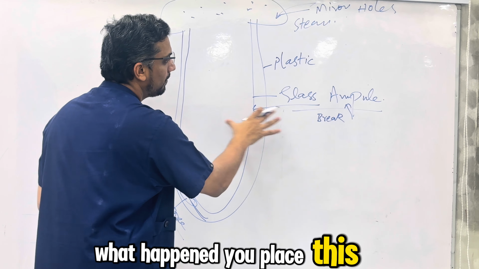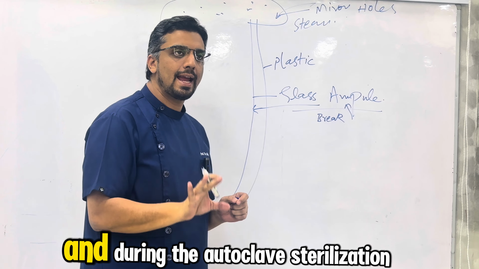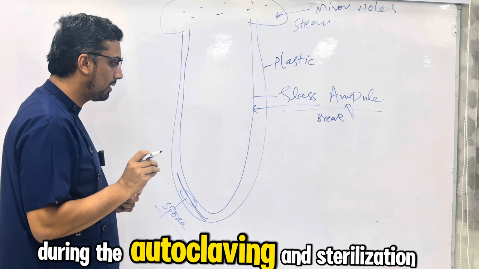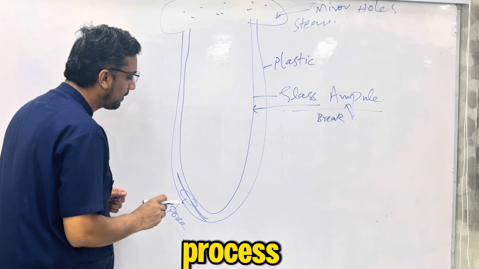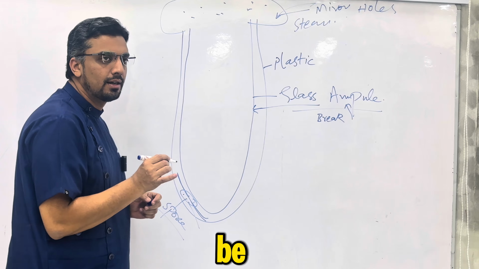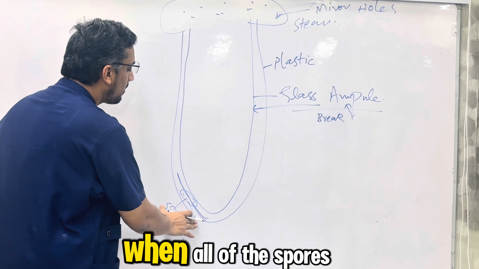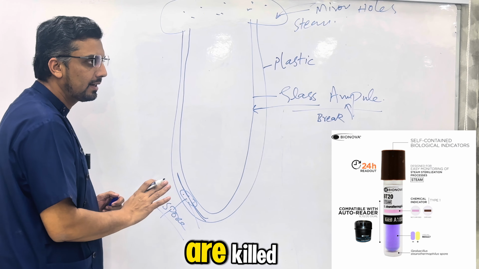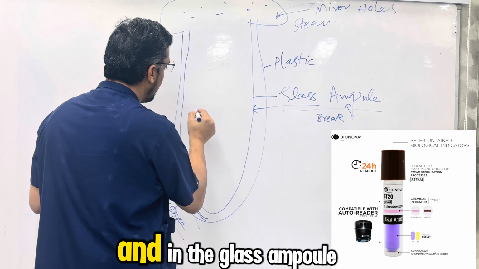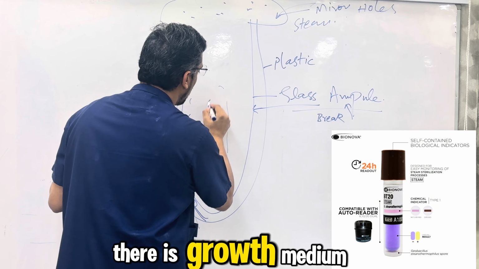What happens? You place this vial in the autoclave, and during the autoclaving and sterilization process, all of these spores should die. When all of the spores are killed, you break this glass ampule, and in the glass ampule there is growth medium.